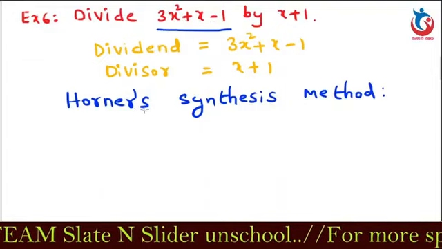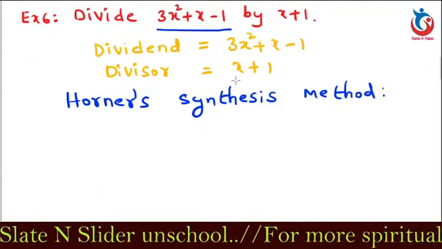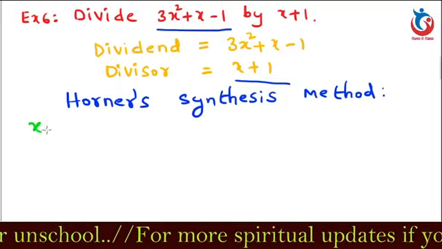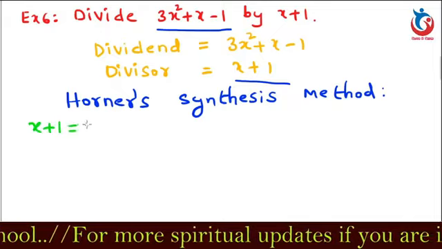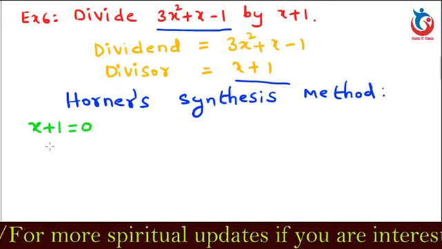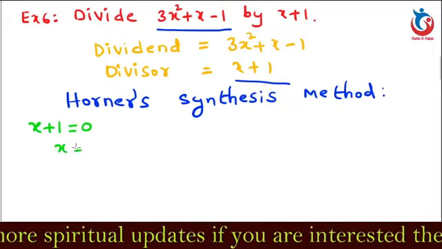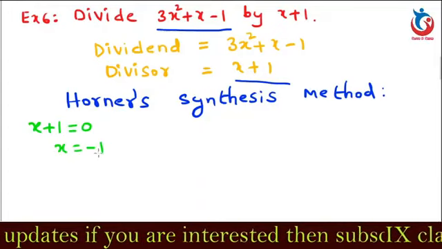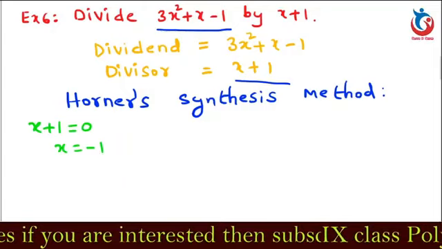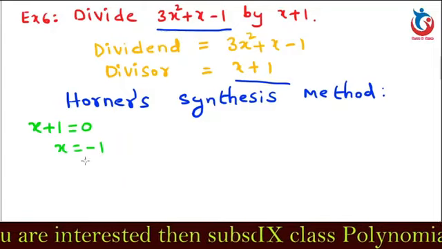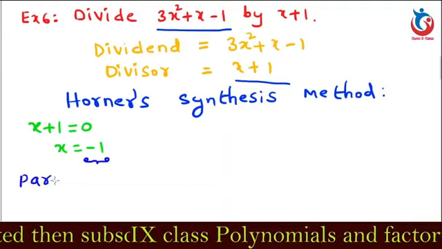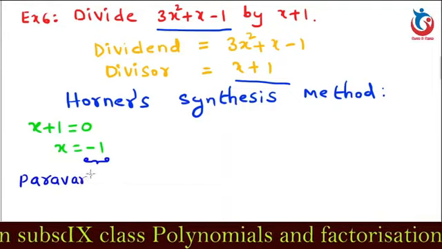So first of all, take this divisor x plus 1. Write x plus 1 is equal to 0 and find the value of x here. x is equal to, when this plus 1 comes to this side, it becomes minus 1. So it is minus 1. That's why it is called the Paravartya method in Vedic.